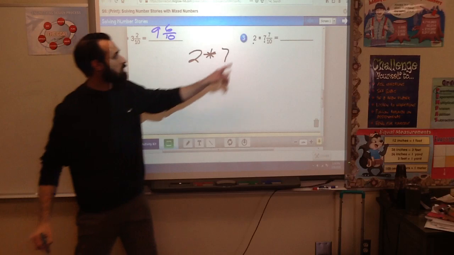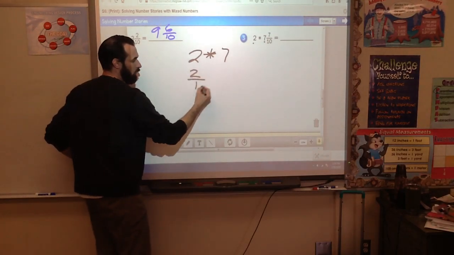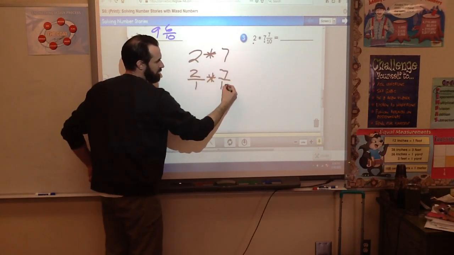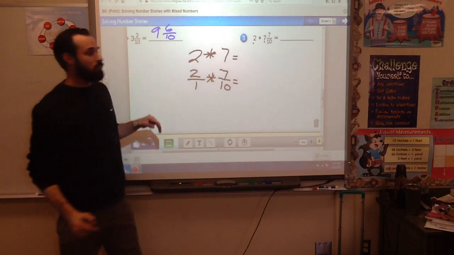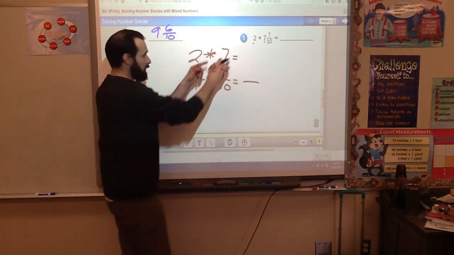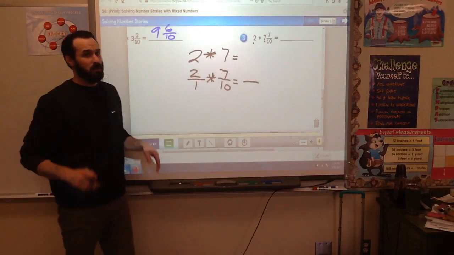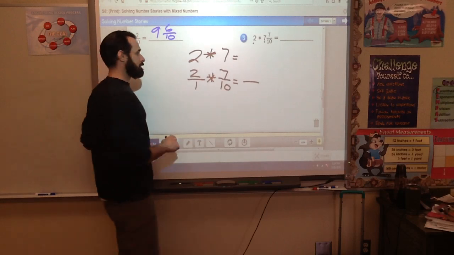We also need to do whole number times the fraction. So that would be 2 over 1 times 7 over 10. So what I want you to do right now is hit pause and solve both of these. 2 times 7 and then 2 times 7/10. When you have the answers, hit play and we'll go over them.